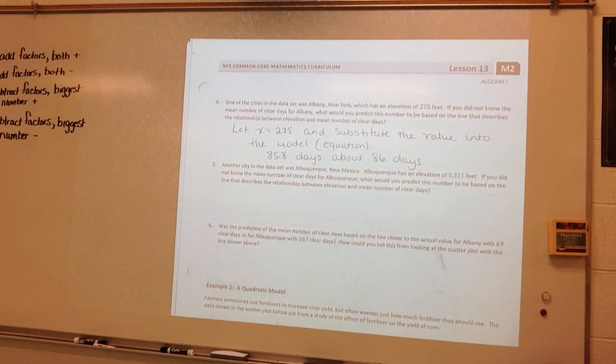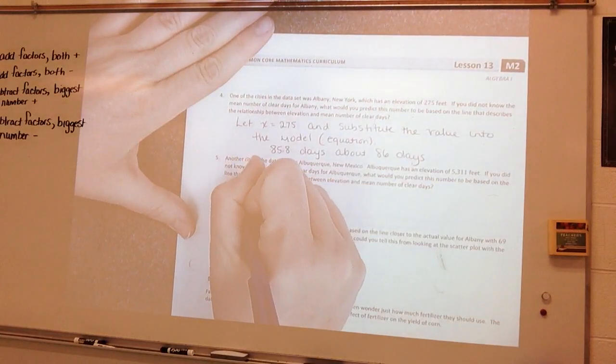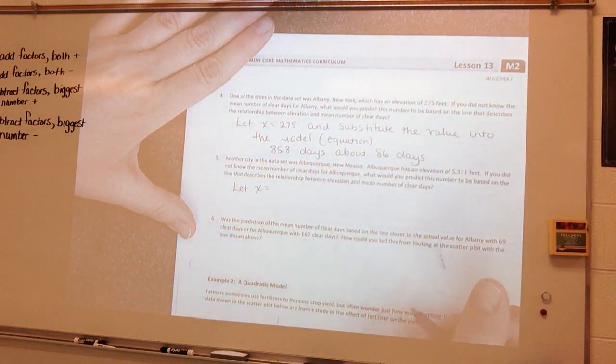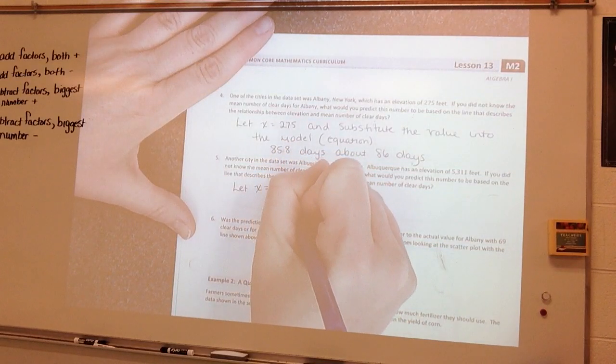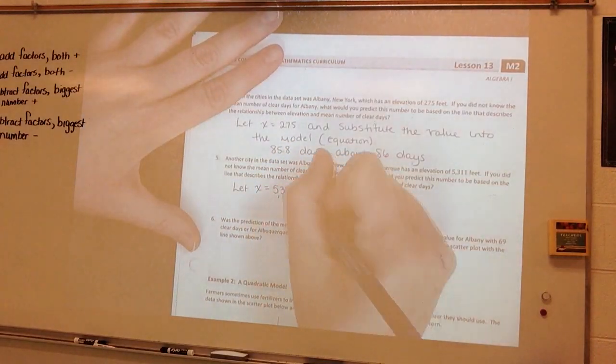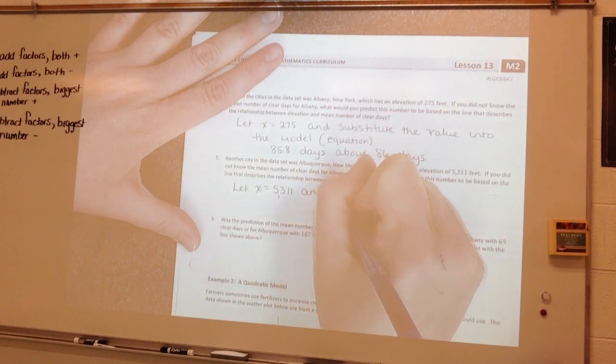Another city in the data was Albuquerque, New Mexico. Albuquerque has an elevation of 5,311 feet. If you did not know the mean number of clear days for Albuquerque, what would you predict this number to be based on the line that describes the relationship between elevation and the mean number of clear days? So once again, here we're going to let x equal 5,311 and substitute it into our model.